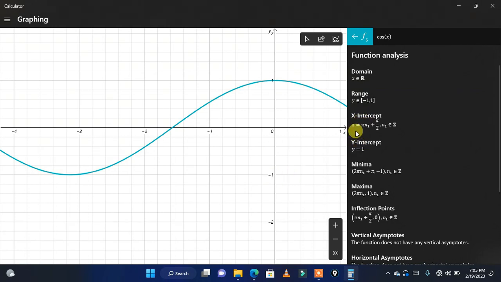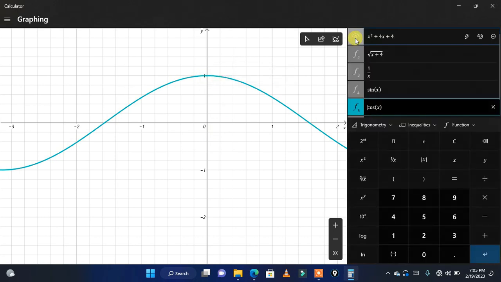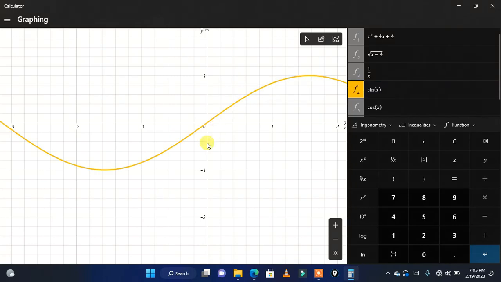The x-intercepts are given in radians because of the angular character of the curve, whereas the y-intercept, at the point where x is equal to 0, is at 1.